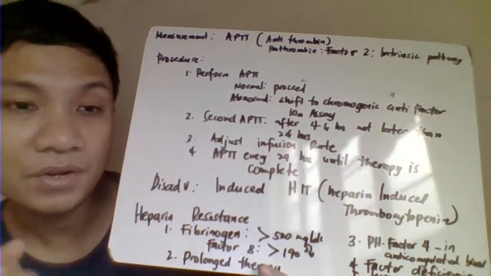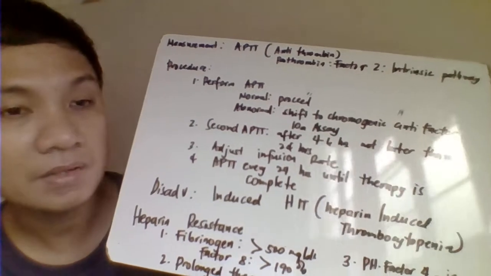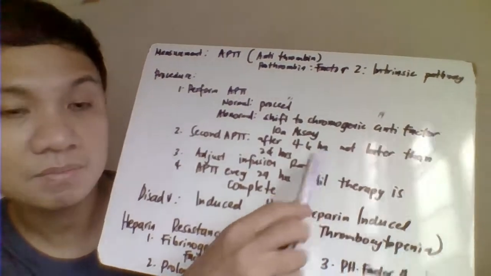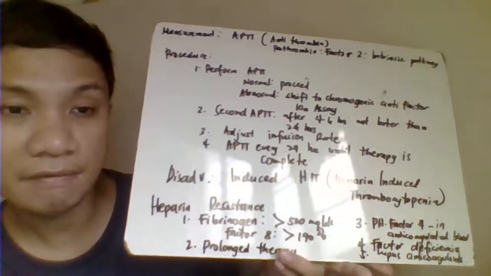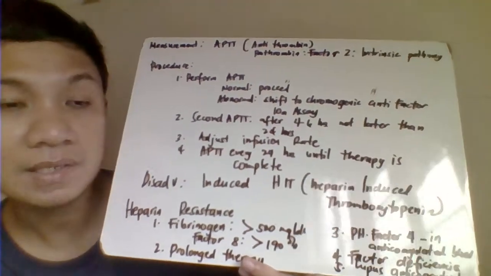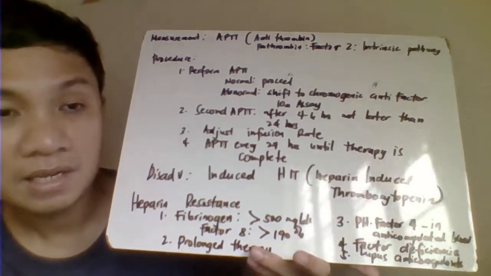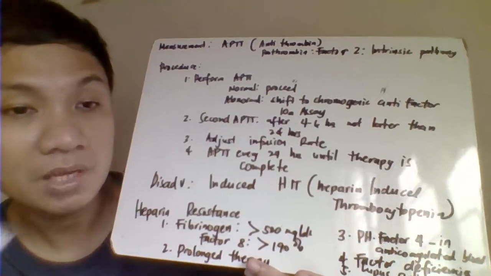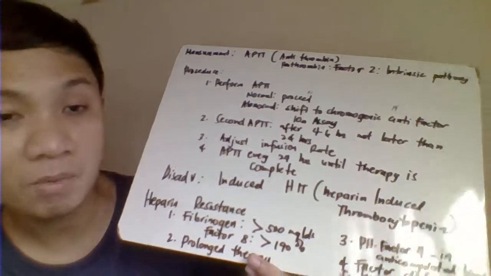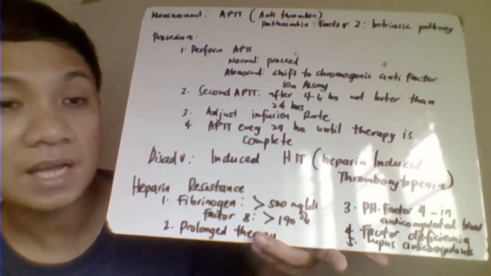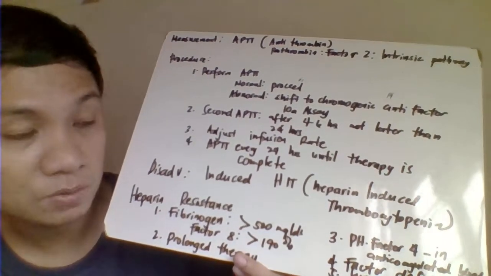Another one, so after you give heparin, the second na APTT is being performed within 4 to 6 hours, but not more than 24 hours. Okay, and then try to check if the APTT result of the patient is on the therapeutic range. If that one is not in the therapeutic range, you can adjust for the dosage. So, pwede mong dagdagan or pwede nating bawasan, provided that one is not within your therapeutic range.